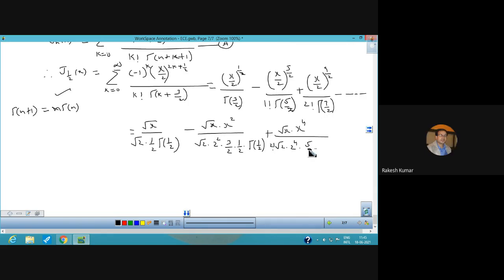So that will be 5 by 2 into 3 by 2 into 1 by 2 into half gamma, and so on.